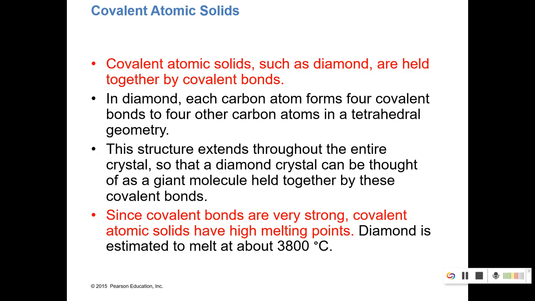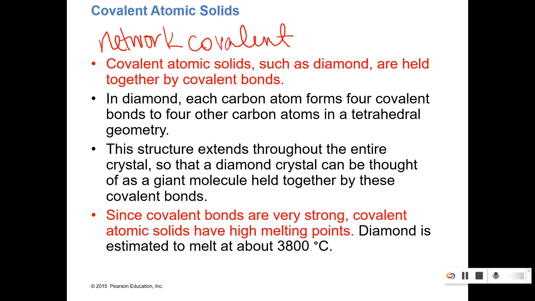Okay, so covalent solids are first. Sometimes these are called network covalent. I will call them this, I just want to make sure you're familiar with that term, network covalent. These are things that are held together by covalent bonds, like true covalent bonds. Not the in-between ones, but the ones that we draw as bonds, the lines. Since covalent bonds are strong, covalent atomic solids would have the highest melting points, like diamond.